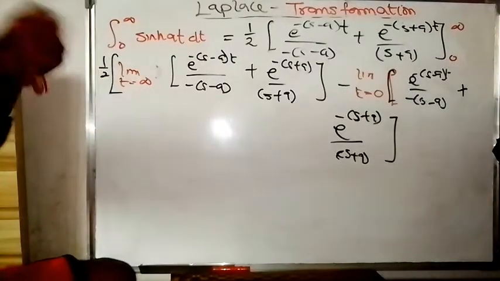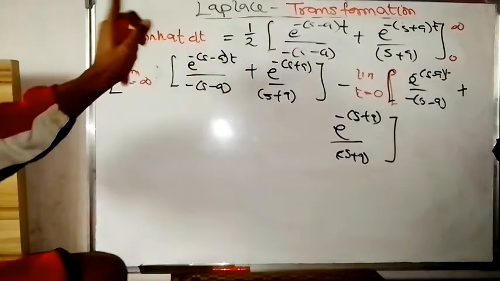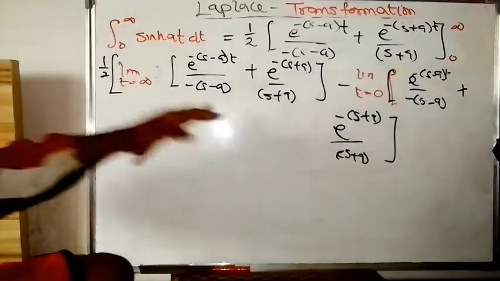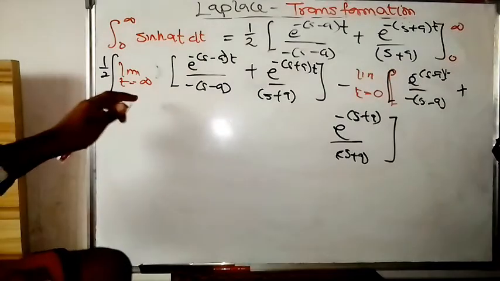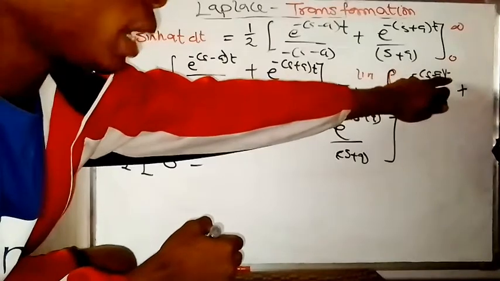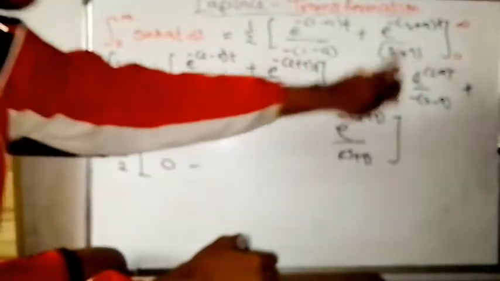So applying t to infinity, this infinity eventually multiplies all through and everything becomes 0, right? This same thing goes for this place too. Everything becomes 0. So when t tends to infinity, all this becomes 0. So we have 1 over 2, open bracket, 0 minus, now limit when t tends to 0. When I put 0 here, 0 times s minus a eventually becomes 0. The exponential of 0 is 1.